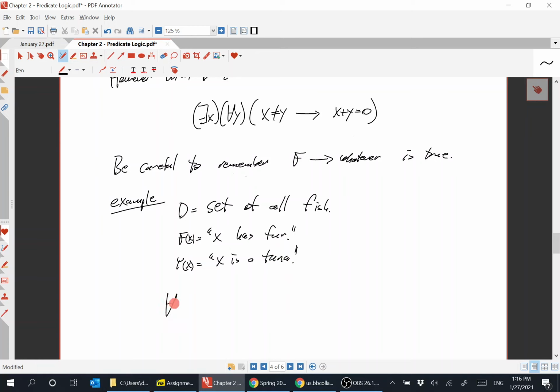Okay, so for all x, f of x implies, not g, I guess, but x is a tuna. So within the set of all fish, this statement is what? For all x, x is furry implies x is a tuna. True or false?